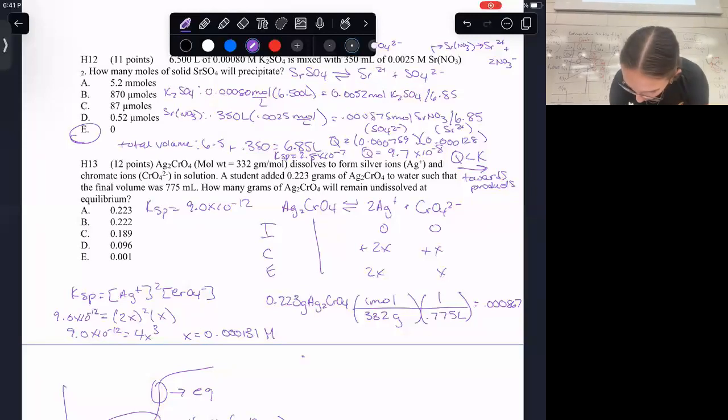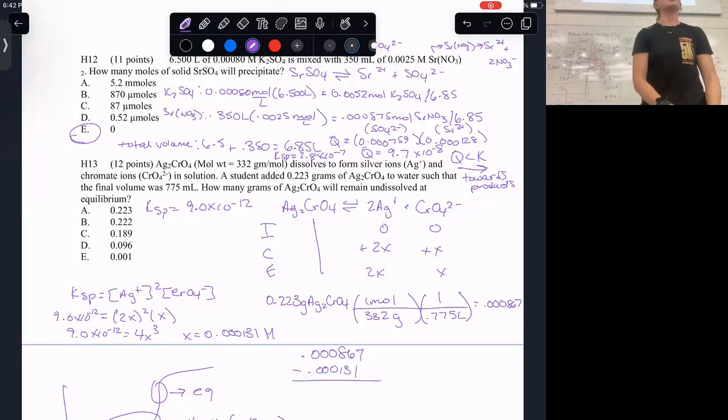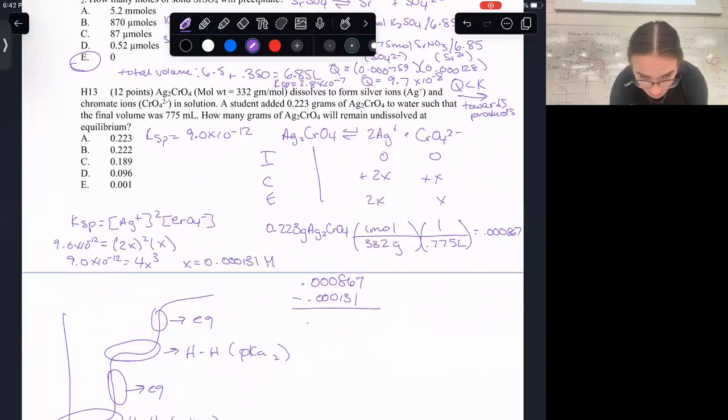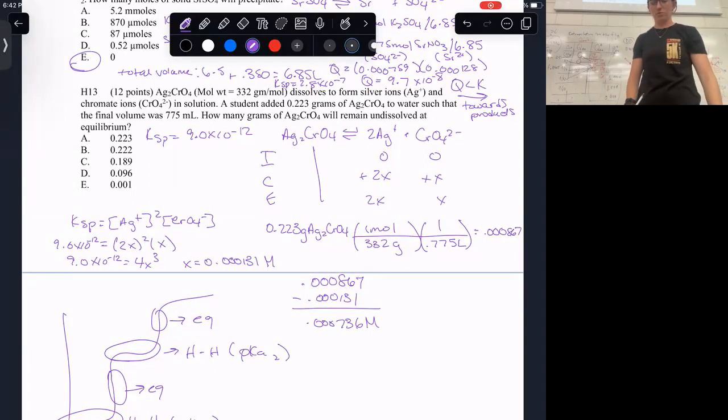So we'll have 0.000867 minus 0.000131, because that's the solubility, that's what's getting dissolved. We end up with 0.000736 molar that's left in solution as concentration of your silver chromate solid.